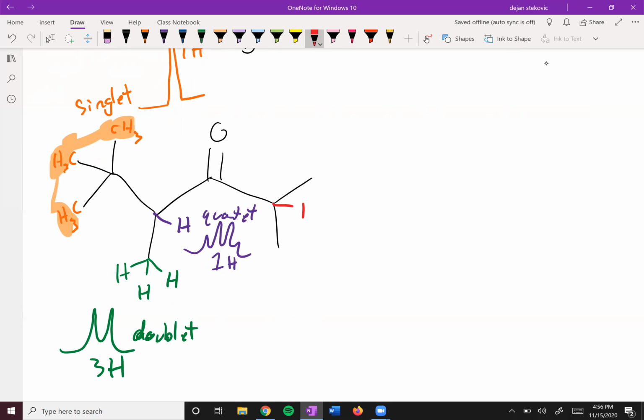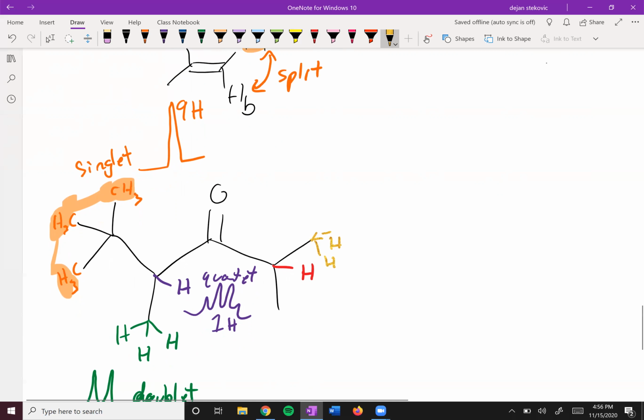If we move over here, we have this hydrogen, and then we have these 3 hydrogens over here, as well as these 3 equivalent hydrogens as well, right? On this isopropyl group, all these hydrogens are going to be the same.